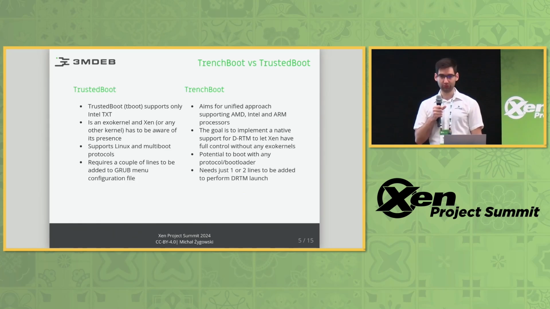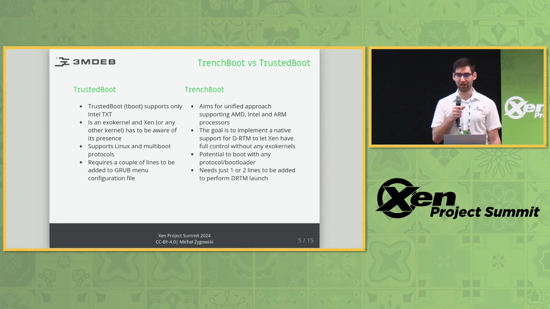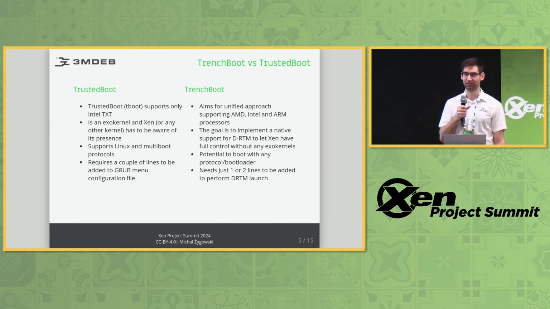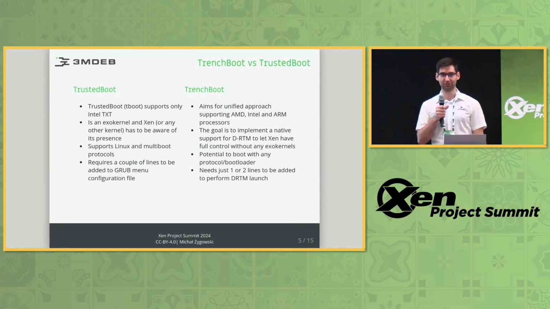So what you may already know about DRTM in Xen is Intel's reference implementation for Intel TXT, which was called Trusted Boot. However, Trusted Boot has its own limitations. First of all, it is only suitable for Intel platforms to run the DRTM with Intel Trusted Execution Technology.